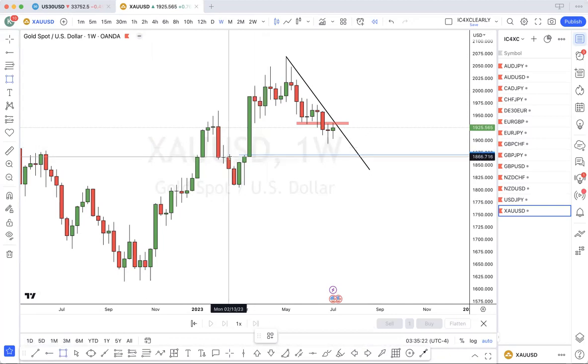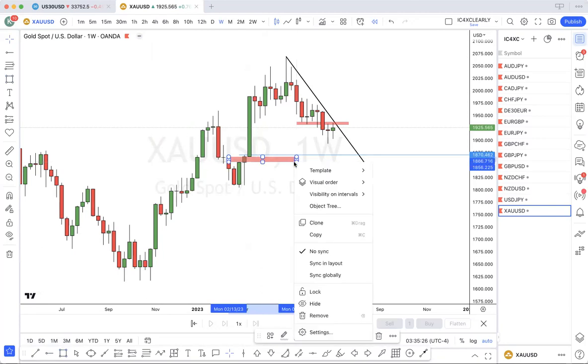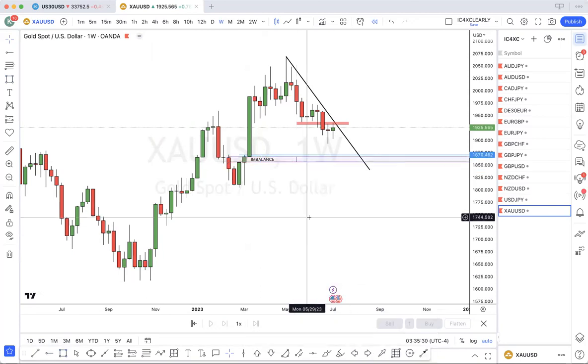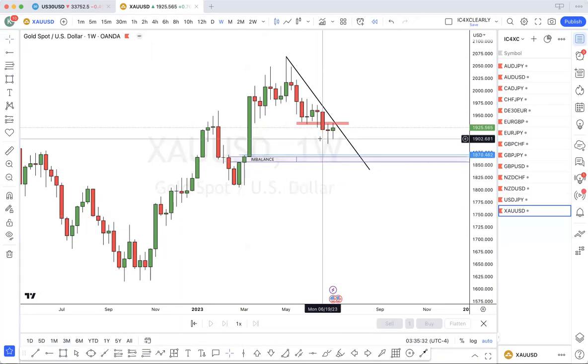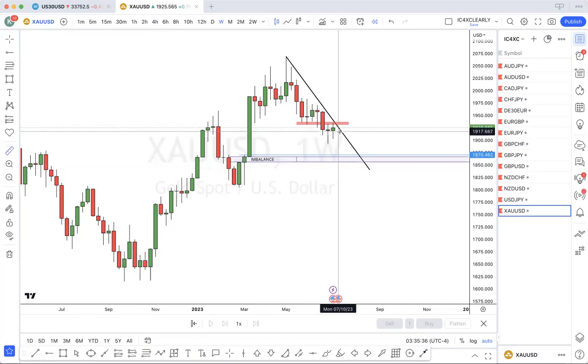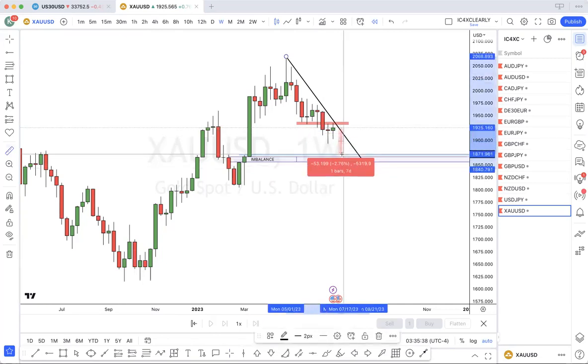There is imbalance here. So price could sell back down to these zones here.